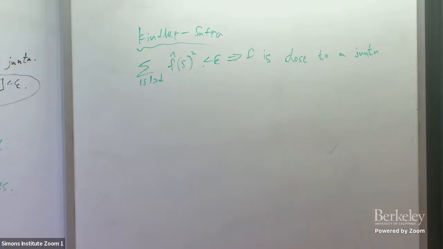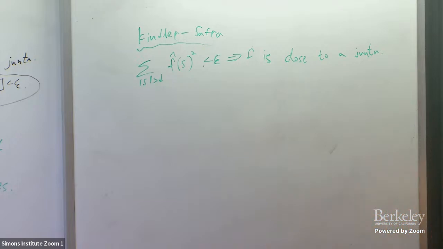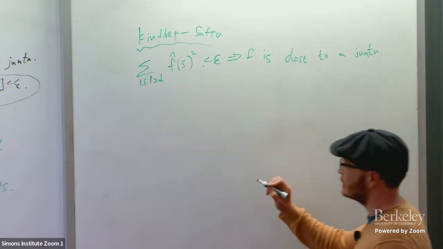And what we're going to talk about today is the appearance of Juntas and degrees in other settings, and in particular in extremal combinatorics. Okay, so let's talk about other settings.